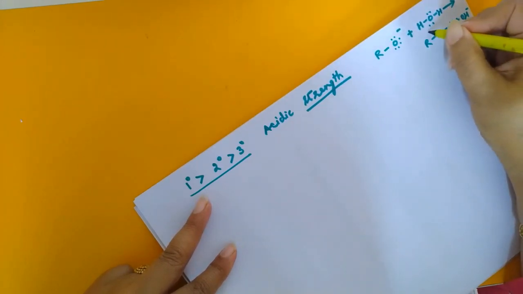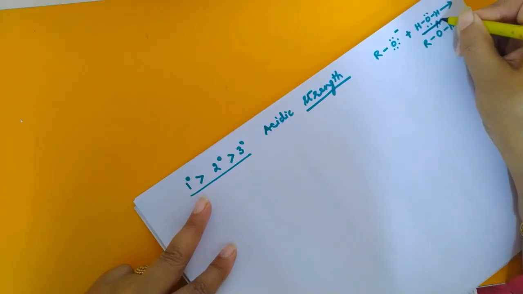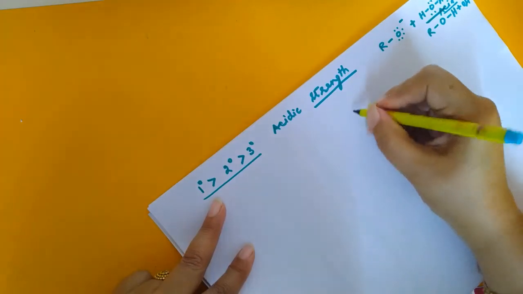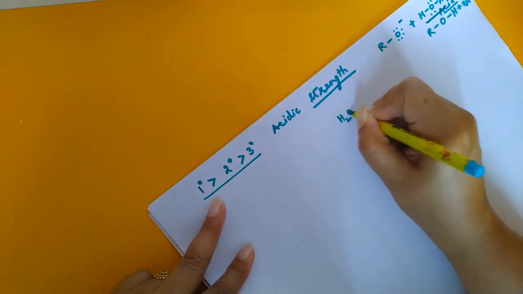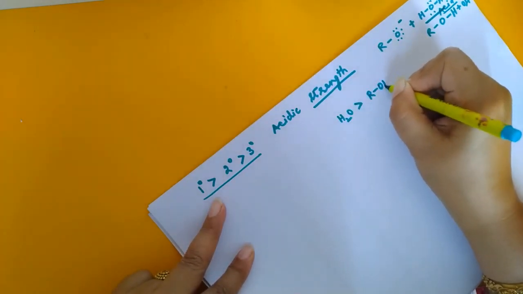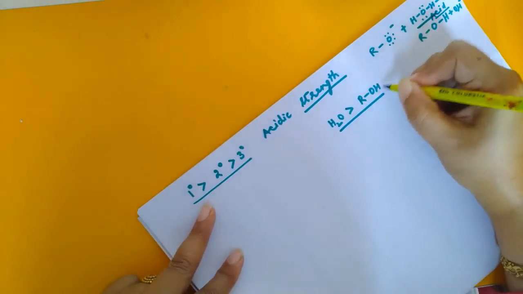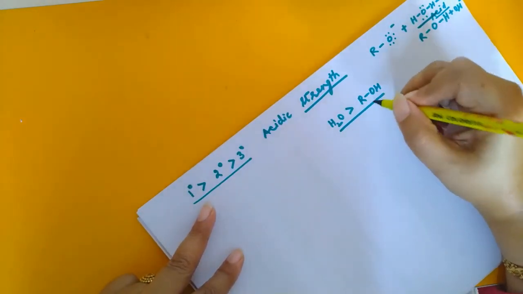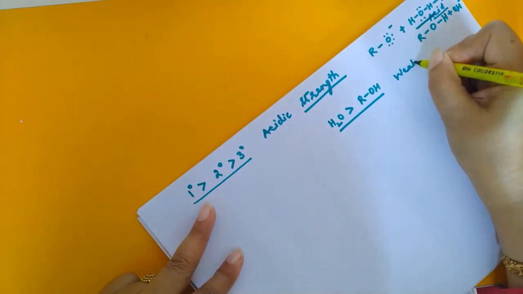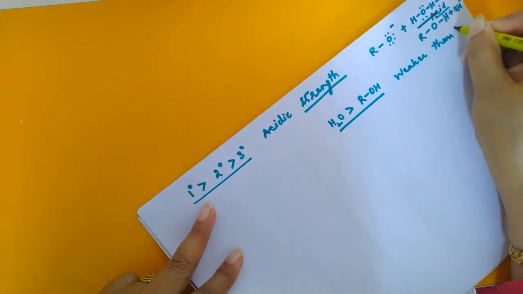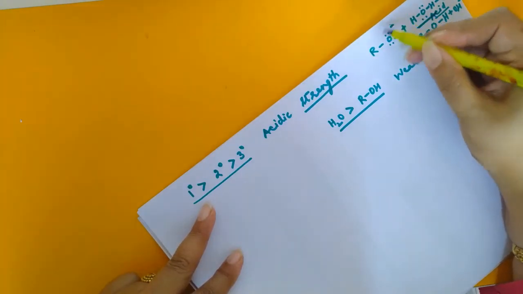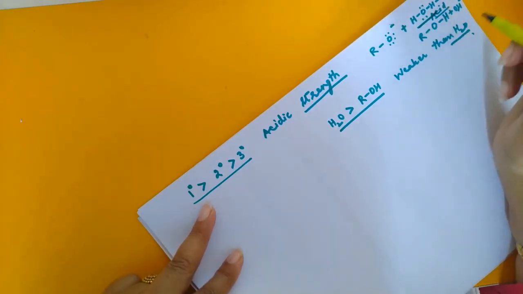Here you should observe that water is acting as an acid. So what does it show? That water is a stronger acid than alcohol. Alcohol is a weak acid, weaker even than water, because here you can see that this is accepting a proton while this is donating a proton.